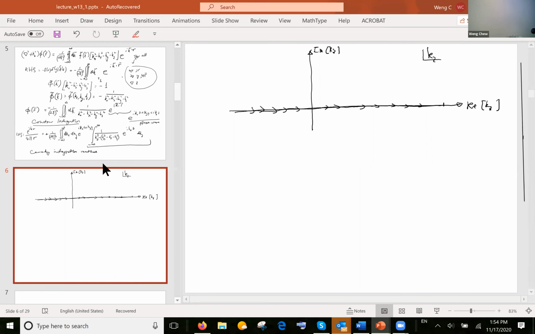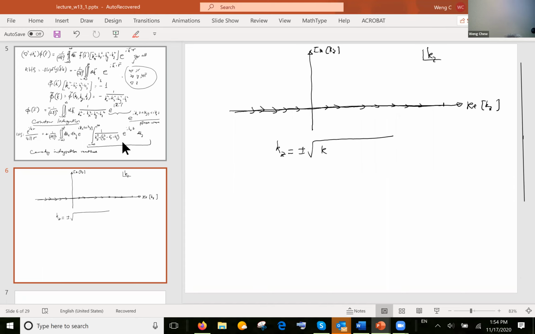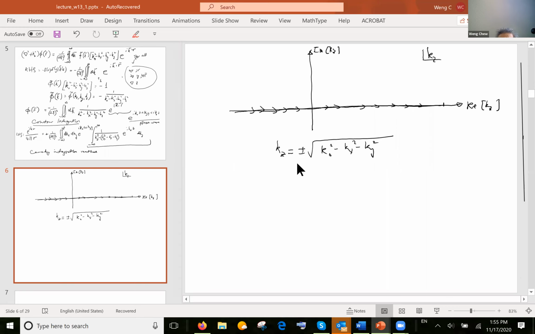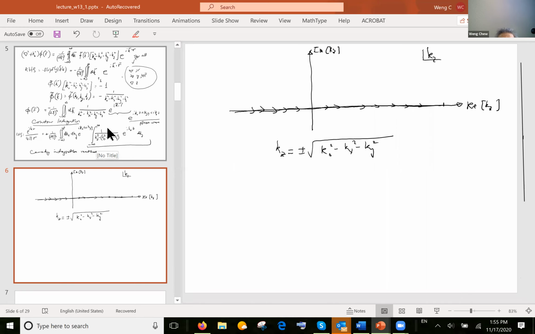And there are poles in the integrand. The poles are given by when kz equals to that. The way I have written down the denominator, I can see that if kz equals the square root of k0 squared minus kx squared minus ky squared, then the denominator would go to 0, and this would be a pole.